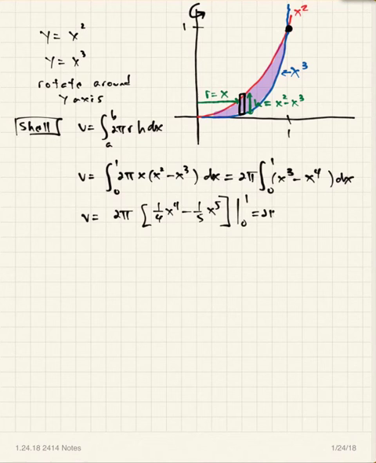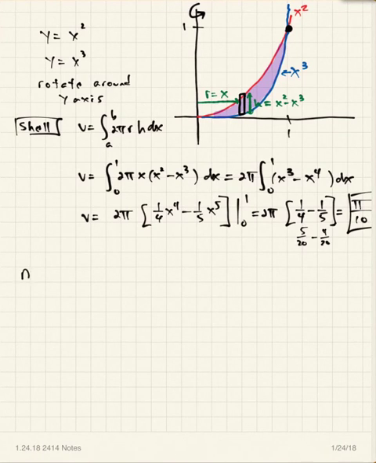So that gives you 2 pi times, upper limit 1/4 minus 1/5, lower limit 0. So that's 5/20 minus 4/20, which is 1/20 times 2 pi gives you pi over 10. I went through the arithmetic kind of quick there, but pi over 10 would be the volume, pi over 10 cubic units.